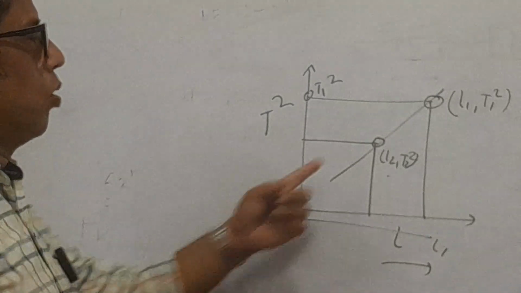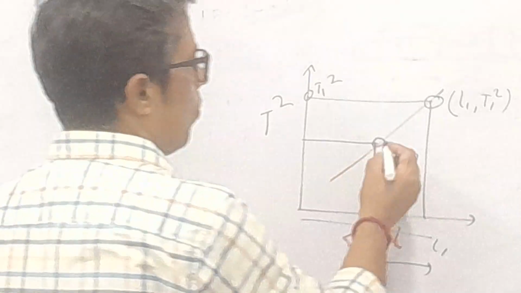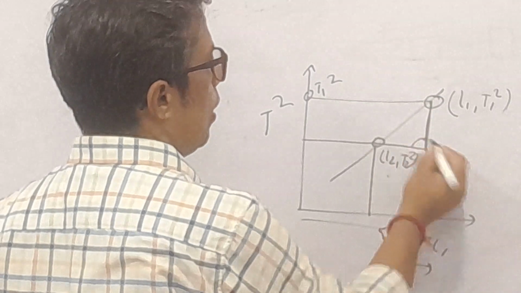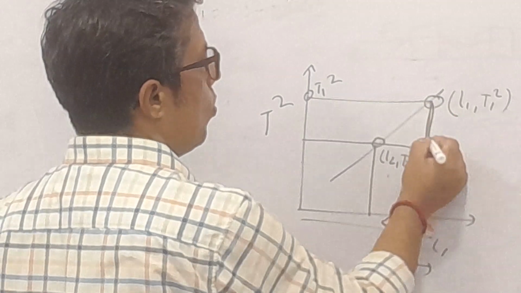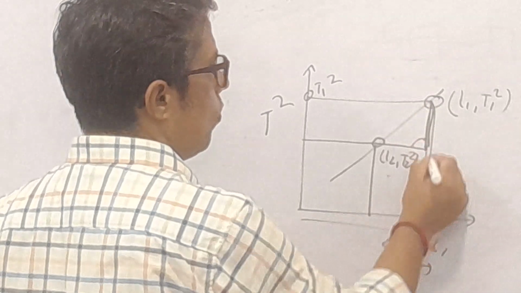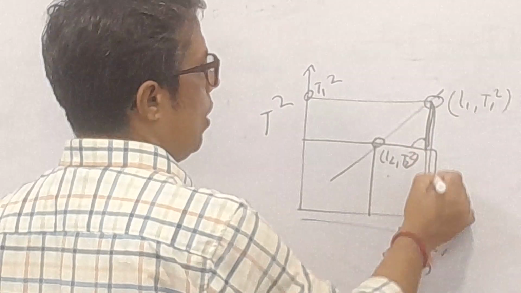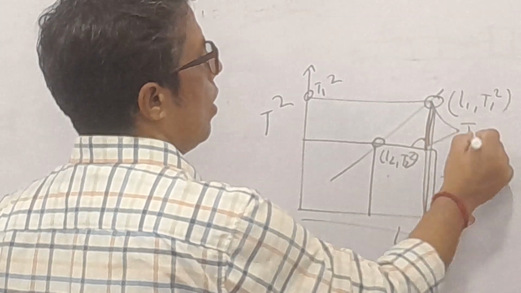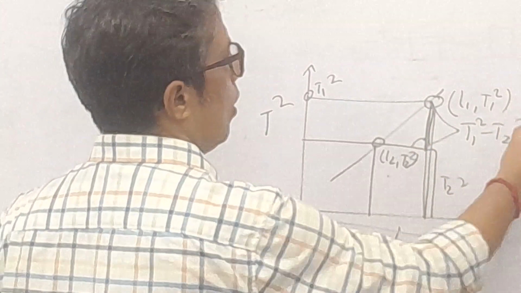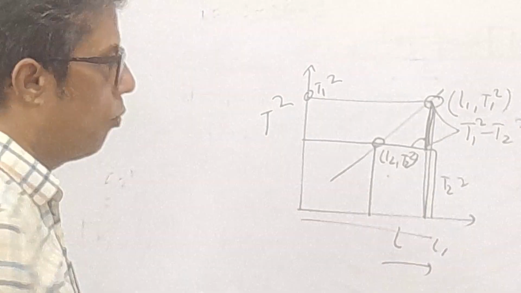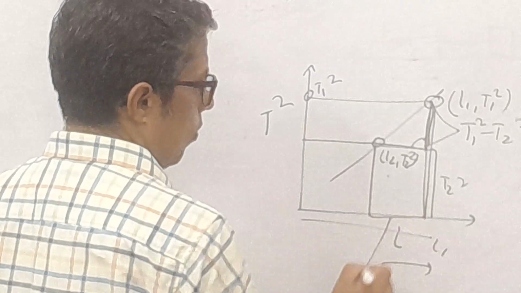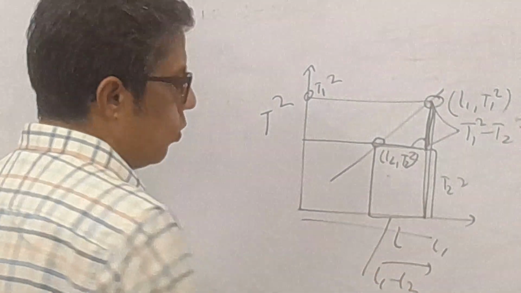Now we have to get the slope of this straight line. Let's take this triangle, which has a 90 degree angle. The y component is T1 square minus T2 square, and the x part is L1 minus L2.